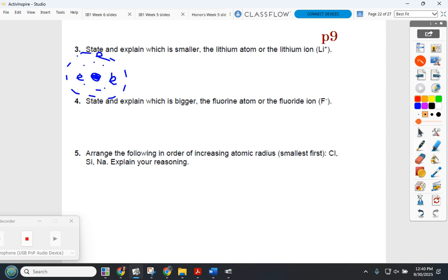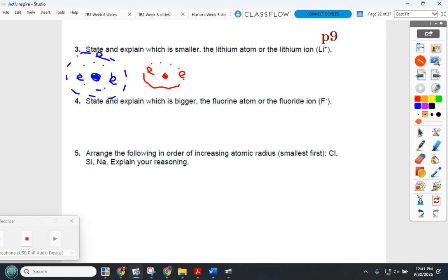So then we're just going to have energy level 1. So it's true that there's going to be less repulsion with just 2 electrons versus 3, but we're also now constrained just to that 1s orbital. So the ion is going to be smaller. I think maybe you meant that and then you just said it backwards.